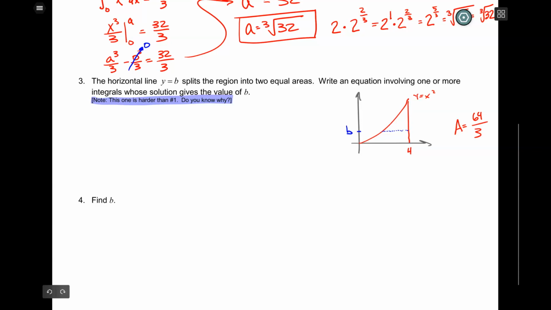And now what I have to do is find b such that that region right there is equal to half of A. And we already said from the previous problem, half of A is equal to 32/3. So I have to set up an equation such that that yellow region is equal to 32/3.